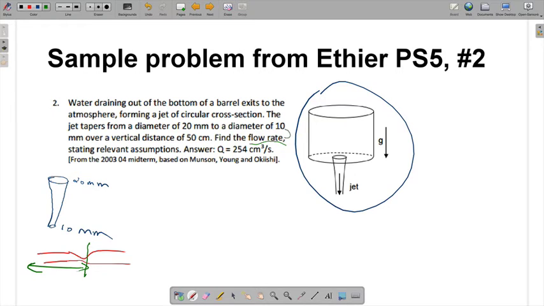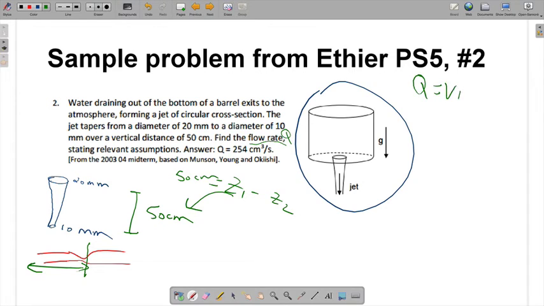Okay, and then here we need to find the flow rate. Also, we're told the vertical distance. The distance between these two points is 50 centimeters, a height difference. So that's what your Z1 minus Z2 is, 50 centimeters. Then we need to look at Q, which is the volumetric flow rate.